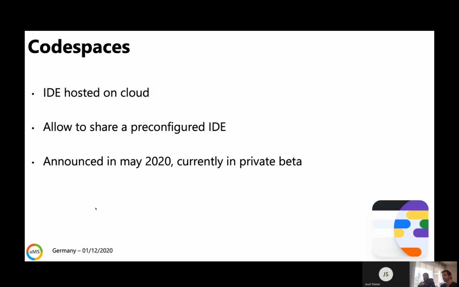Ten years ago, at my first job, I spent 2 or 3 days just configuring my environment. It's quite long. Here you can avoid that. It's really amazing. It was announced in May 2020. Currently you need to fill a form to access the feature. We're going to do a demo around that at the end of this talk because it's really just amazing.